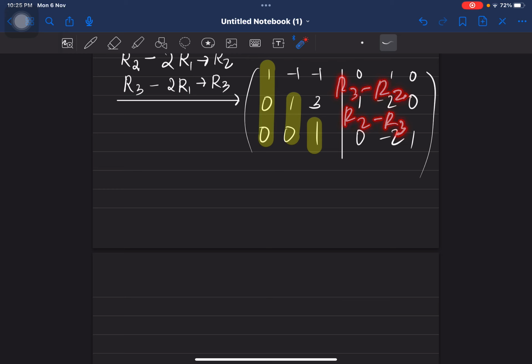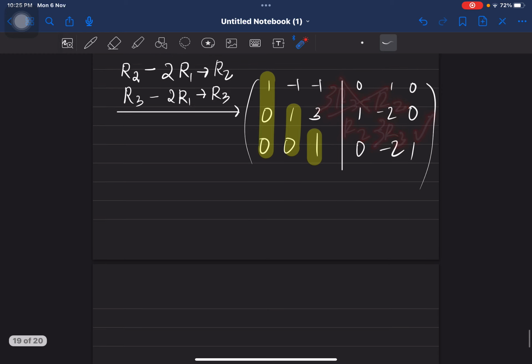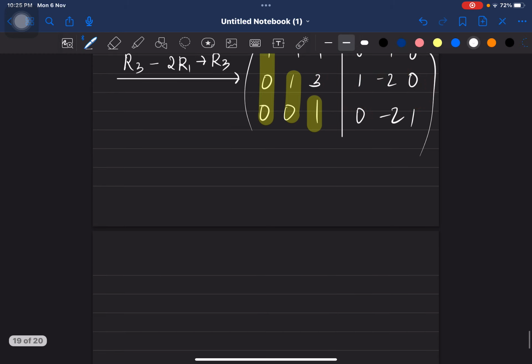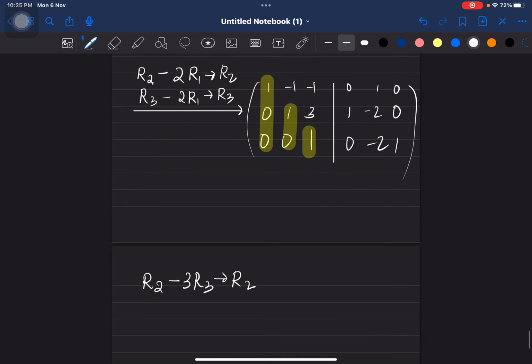Obviously row 3 must be multiplied by 3 first. Okay, so we don't do this, we do this. Use the top minus the bottom. So multiply by 3 for row 3. So row 2 minus 3 times row 3. Change for row 2.